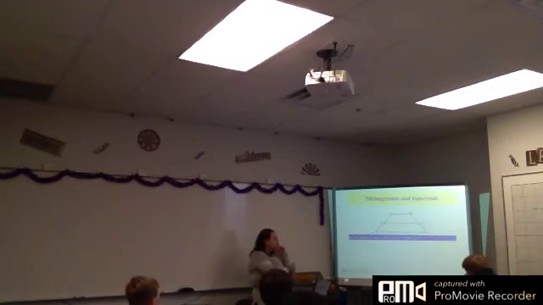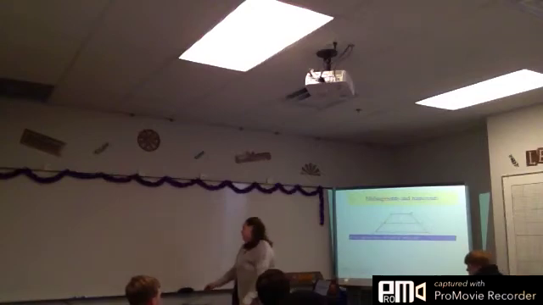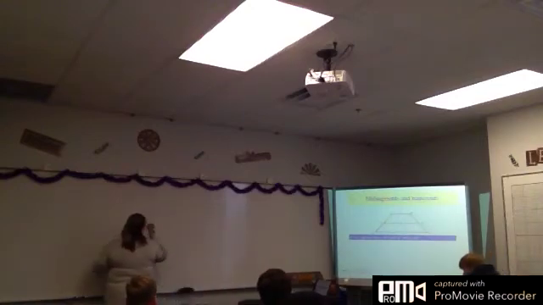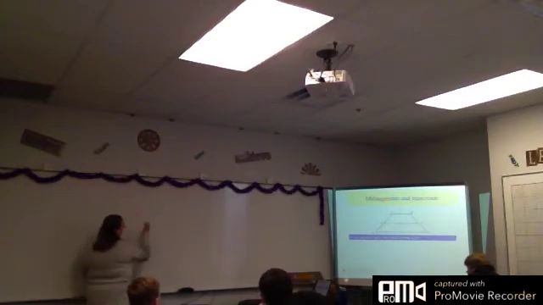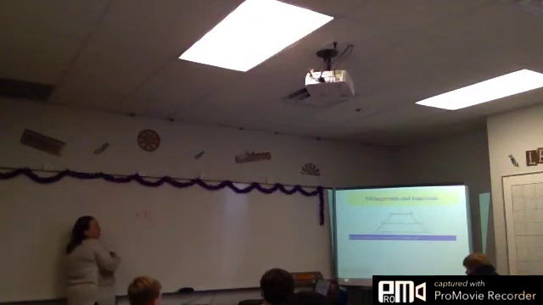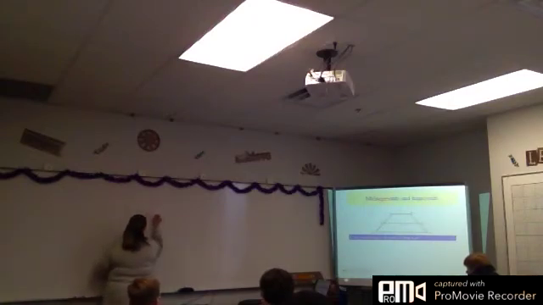AB is equal to 1/2 of CD. CD is 4, so AB is 2, because it says it's half of CD.